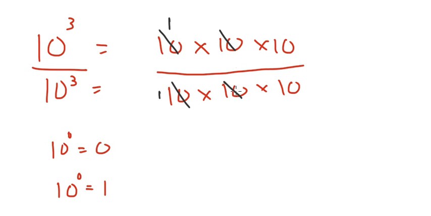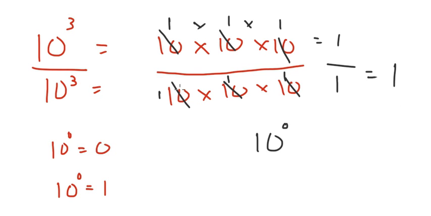This 10 and this 10 cancel out, and it becomes a 1. This 10 and this 10 cancel out, and it becomes a 1, right? So we end up with 1 times 1 times 1 over 1 times 1 times 1, which equals 1. So when we have 10 to the 0, because all the tens canceled out, it equals 1. Hopefully that makes sense.